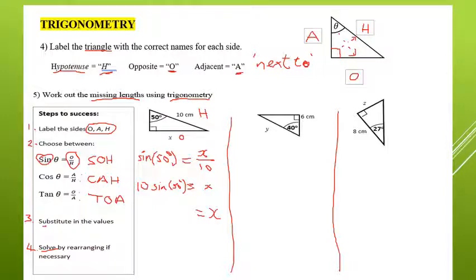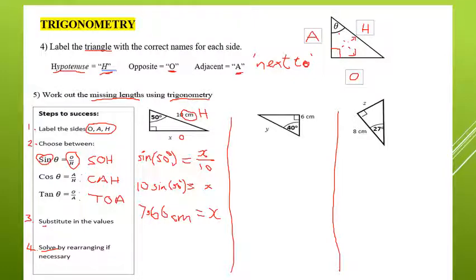We simply type 10 sine 50 degrees. I'll show you in the next slide or two how to use your calculator to do this, but when we get that, it comes out as 7.66, and this question had units in centimetres, so I'm going to have centimetres in my answer.